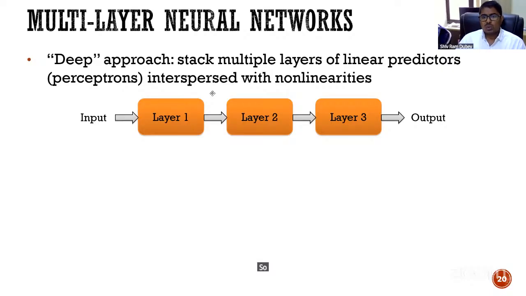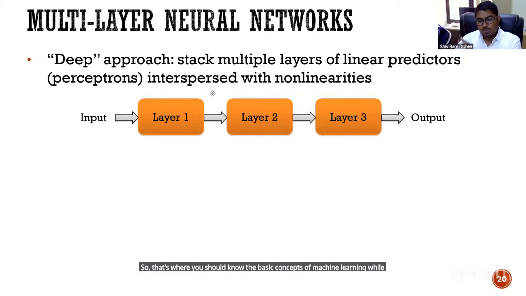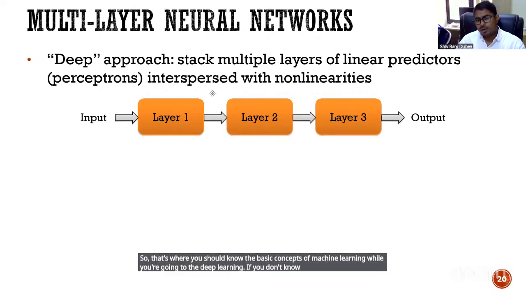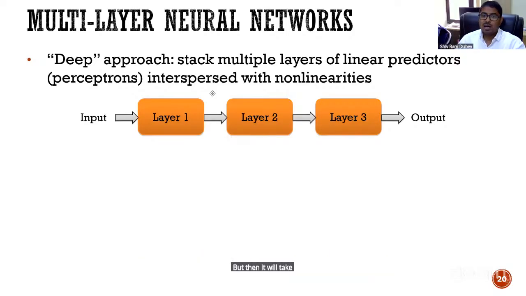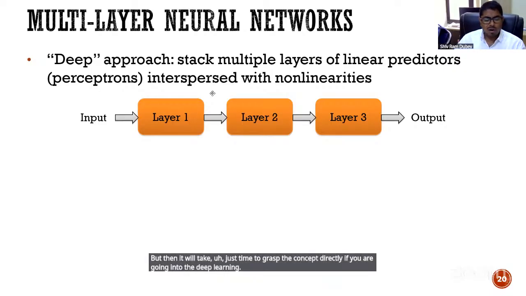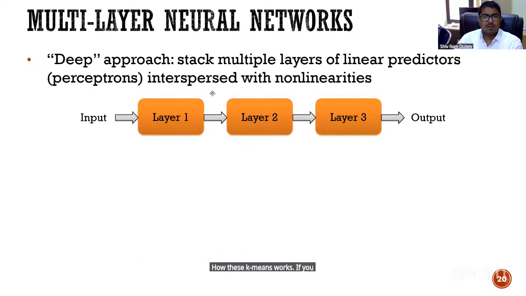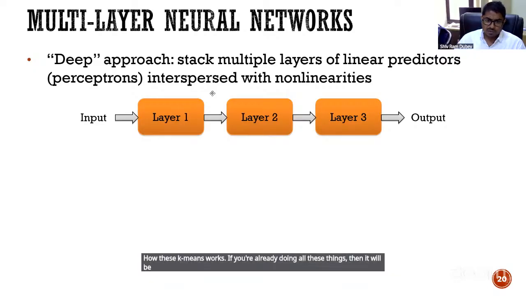So you should know the basic concepts of machine learning while you are going into deep learning. If you don't know, you will still understand something, but it will take time to grasp the concepts directly if you are going into deep learning. But if you already know how a classifier works, how support vector machine works, how k-means works, then it will be easier for you.